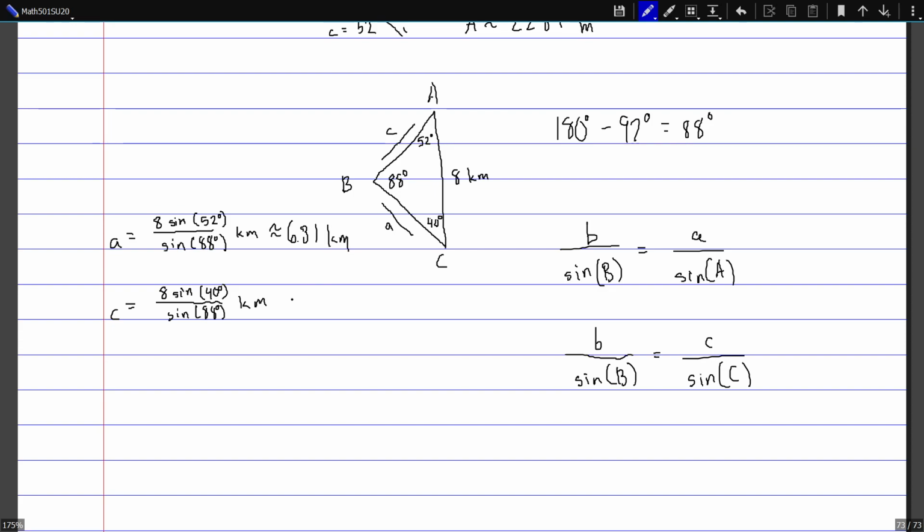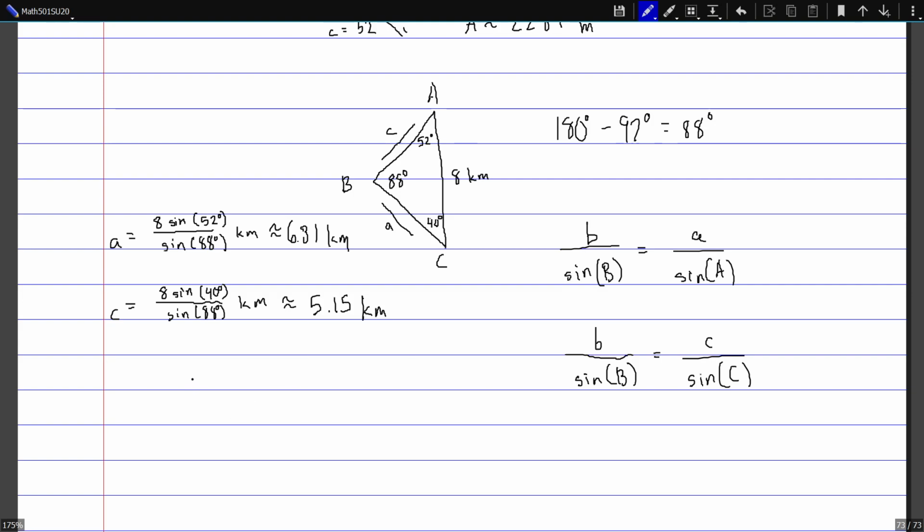And the length for c is going to be approximately 5.15 kilometers. Double check, make sure that the sides opposite angles match up here. The smallest angle was 40 degrees with C, and the shortest side length was also c. The greatest of our angles, 88 degrees for B, also had the greatest side length opposite with 8 kilometers.